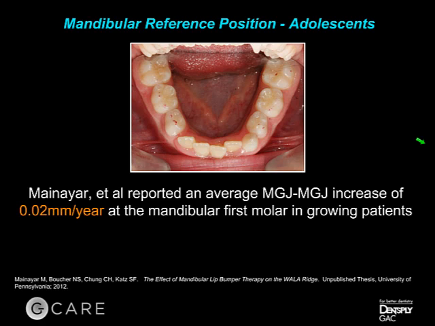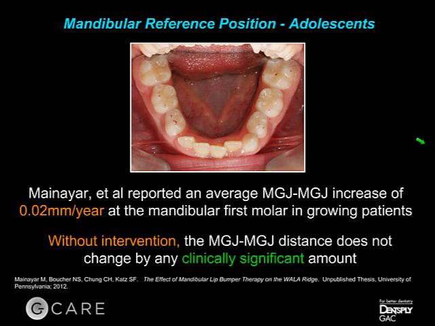So once again, while that may be statistically significant in research projects, to me, that change that's going to happen over that period of time is not going to be really clinically significant to alter my decision.